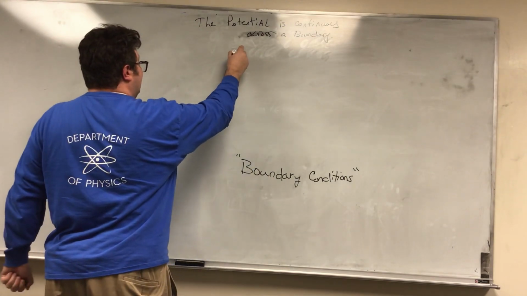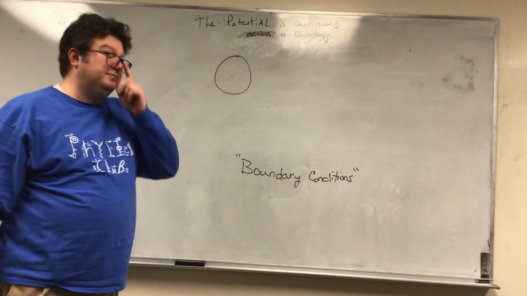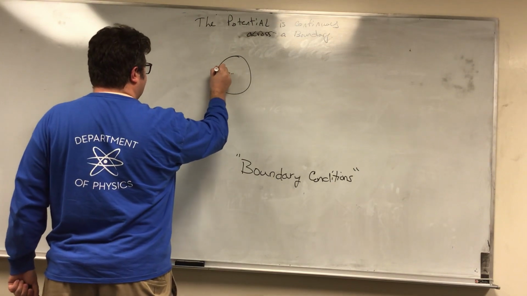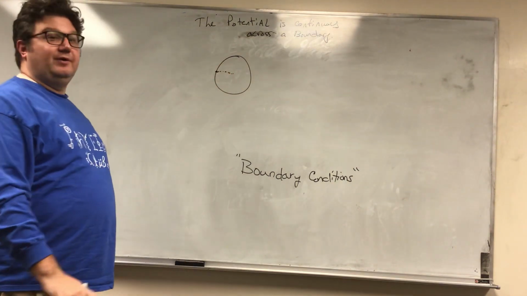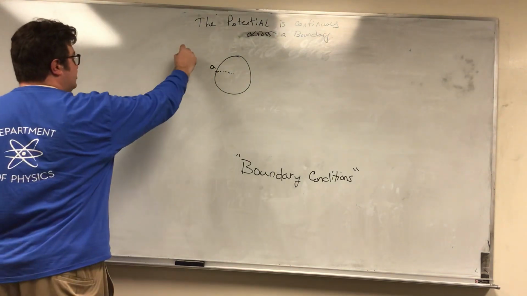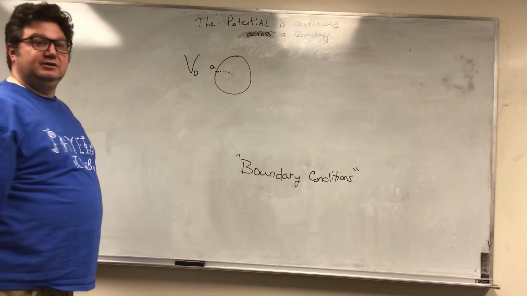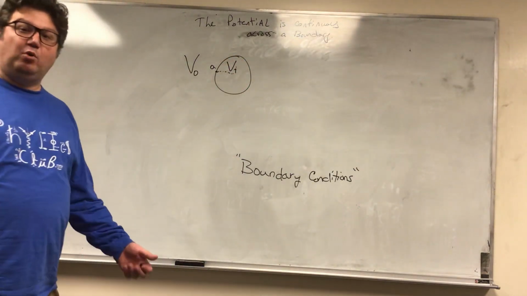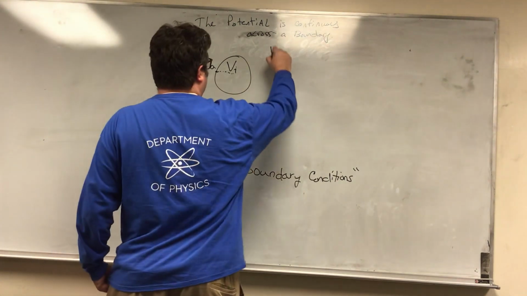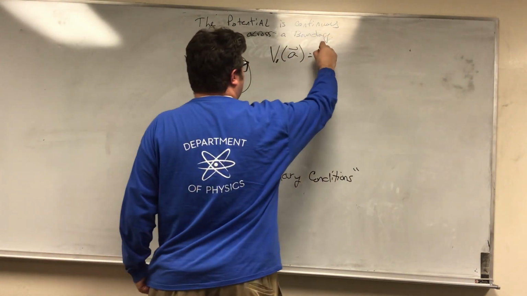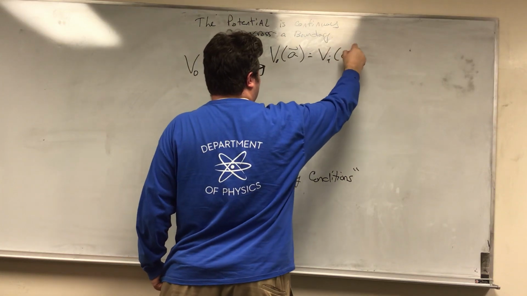So if I have a surface here, and I know that there's some point here on my surface, my boundary, we'll call this point A. The potential outside has to equal the potential inside at that point A. So potential outside at vector A has to equal potential inside at vector A.